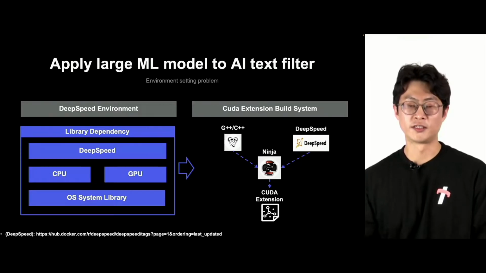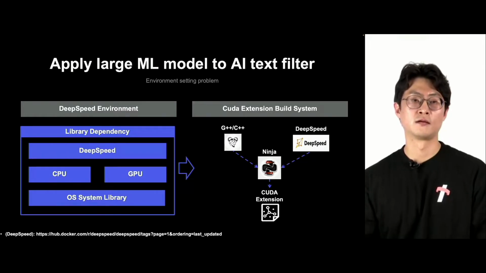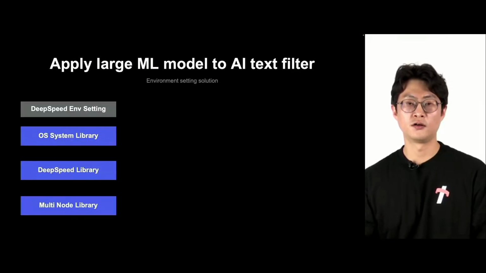The libraries required are G++ and the Ninja build system, and their versions have to be in sync. So at the OS system level, we first set up the libraries and then the DeepSpeed framework. And for multi-node, we set up the libraries one by one.